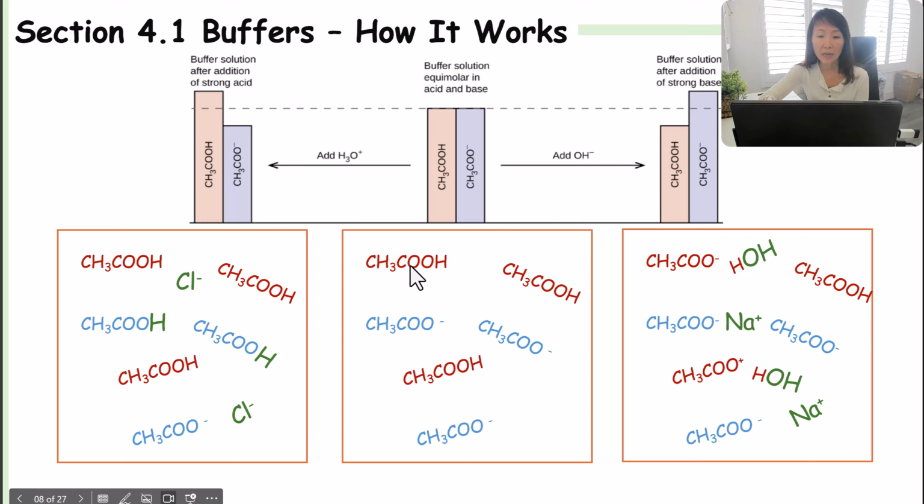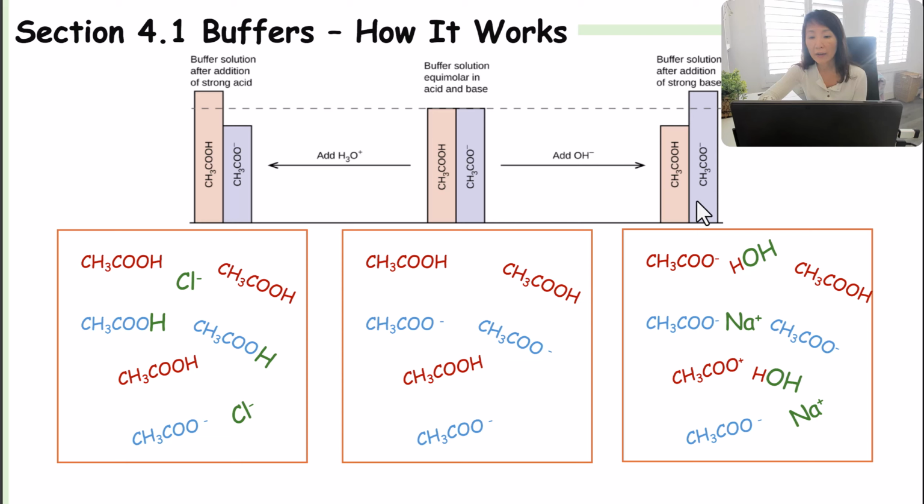So you can see in the beginning, you might have, say, equal amounts of the acetic acid and its conjugate base. If you were to add acid, the amount of acetic acid starts to increase because the H is being donated to the conjugate base. Whereas if I were to add in hydroxide here, then that will pluck off the hydrogen of the acetic acid.